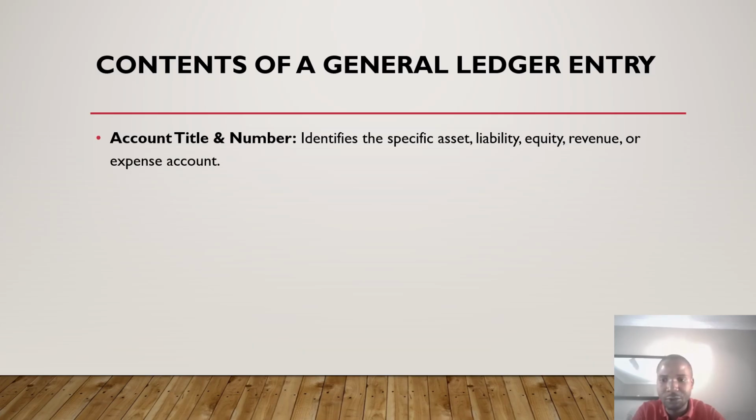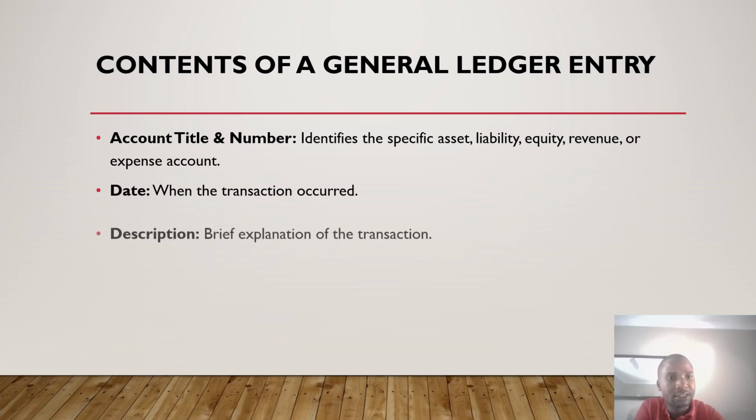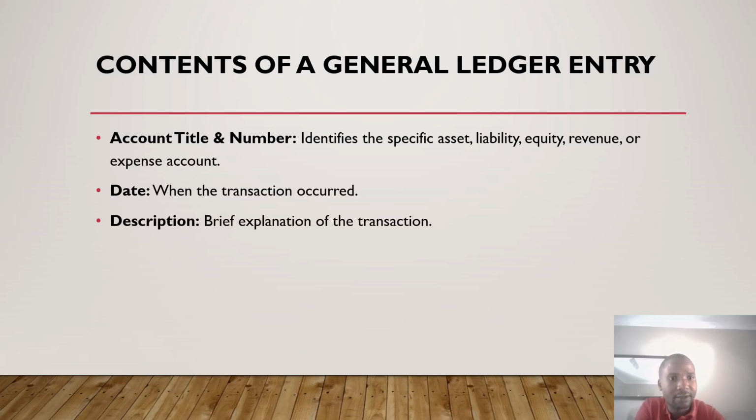Depending on the system that you're using in your entity, each account might also have its own number. And date is also a very important feature that you expect to find in the general ledger. When a transaction occurs, it is important to note the date on which the transaction occurred.